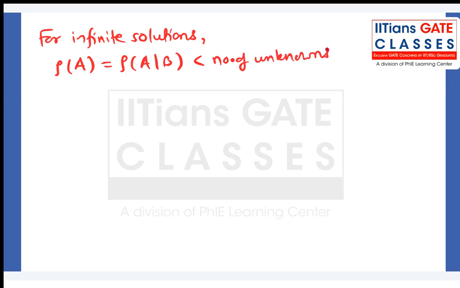Sometimes they call it the number of columns or number of unknowns, and here it is 3.